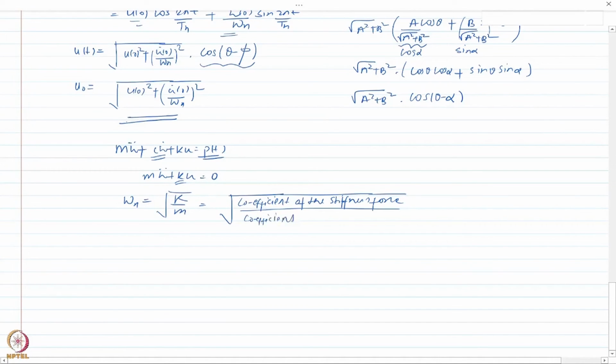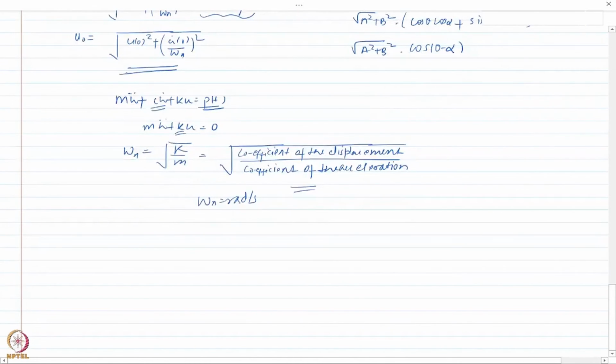Instead of saying stiffness force, let me just write it as the coefficient of the displacement. The second term I can write as the coefficient of the acceleration. Using this I should be able to obtain my omega n, which is in radian per second, and then I can find out the time period of the system as well as the frequency of the system.